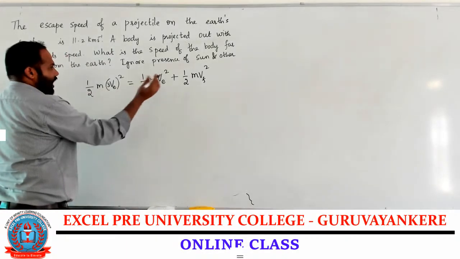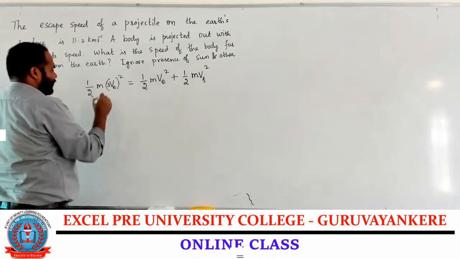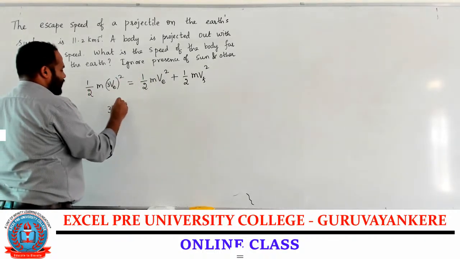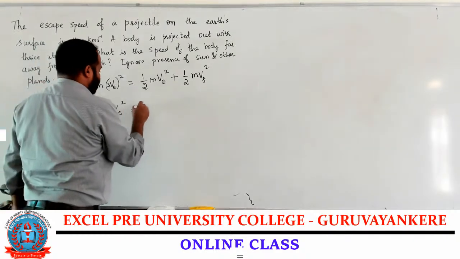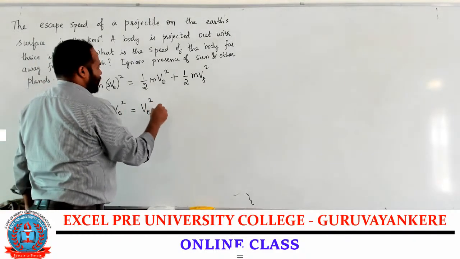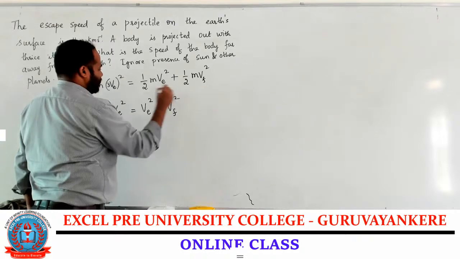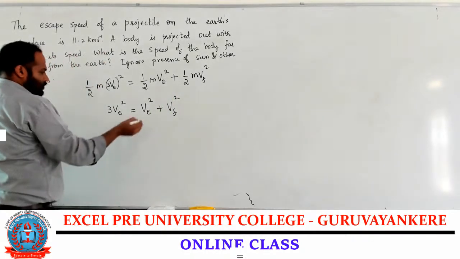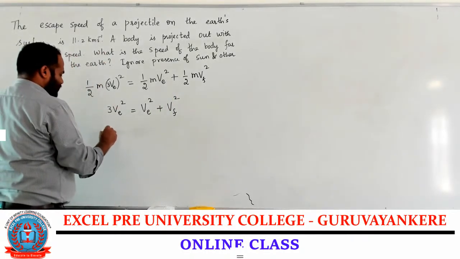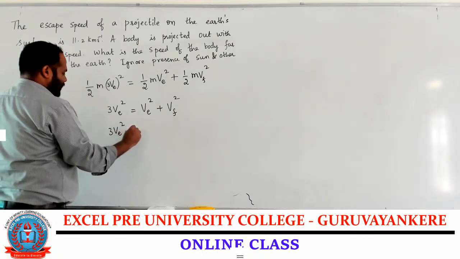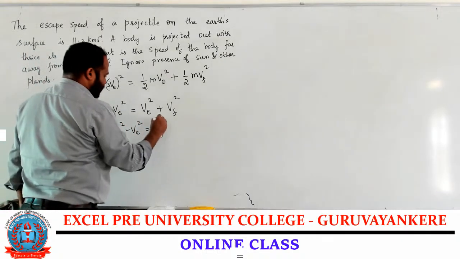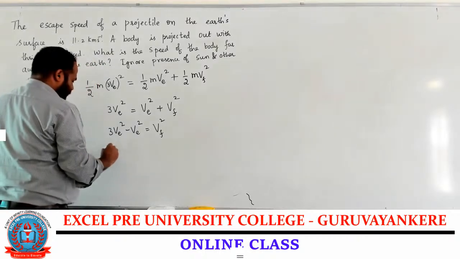So half m is common everywhere. Half m (3ve) square is equal to half m ve square plus half m vf square. So 9ve square minus ve square is equal to vf square.